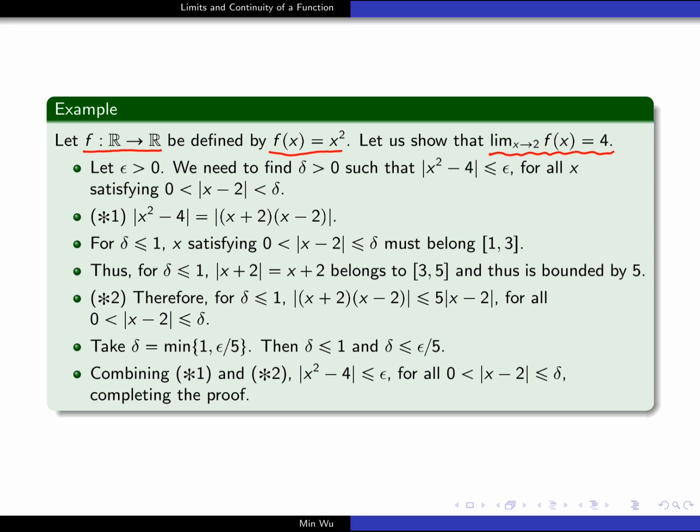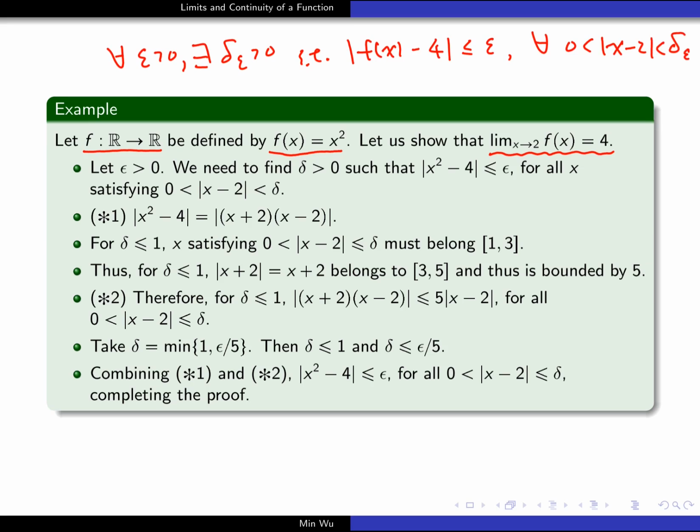Recall that we need to prove that for every epsilon greater than 0, there exists a delta epsilon greater than 0 such that the absolute value of f of x minus 4, because the limit is 4 here, is less than or equal to epsilon for all x with 0 less than the absolute value of x minus c, where c here is 2, less than or equal to delta.